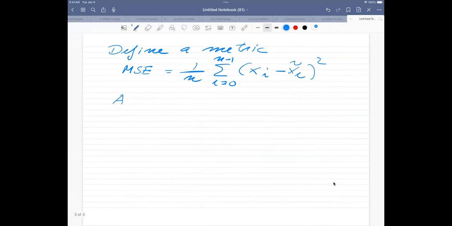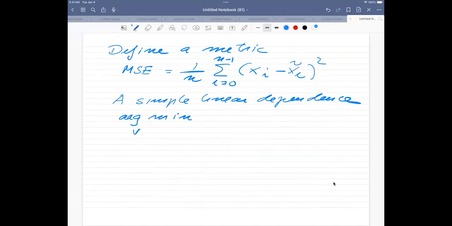So suppose now that you make a very simple dependence, a linear dependence, as an example. So if we do that, what we could think of now is a problem where we have the minimization. We take as arguments these matrices W and V, and then we want to minimize this mean squared error. So this is the optimization problem at hand. That's 1 over n of the sum of x of i minus x of i tilde, squared.